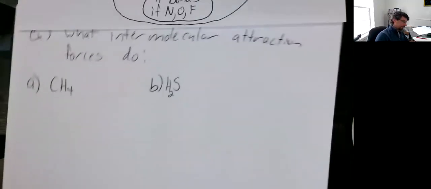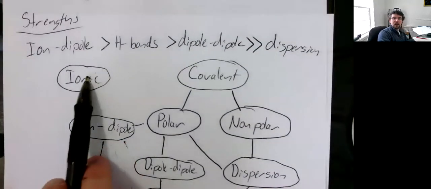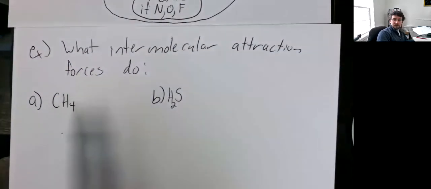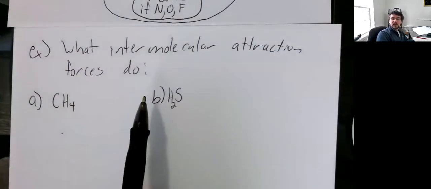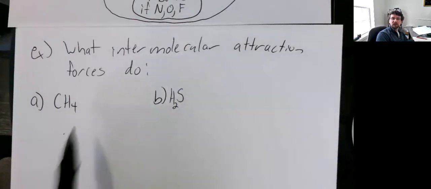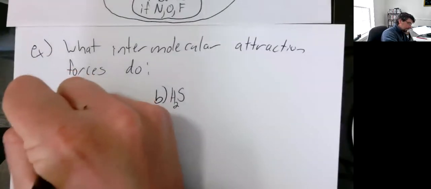What do these have? So first thing is we have to decide, are these compounds ionic or covalent? Looking at the atoms that are involved, it's clear to see that these are covalent compounds. They have slight differences in electronegativity between the elements that make them up. So these are both covalent.